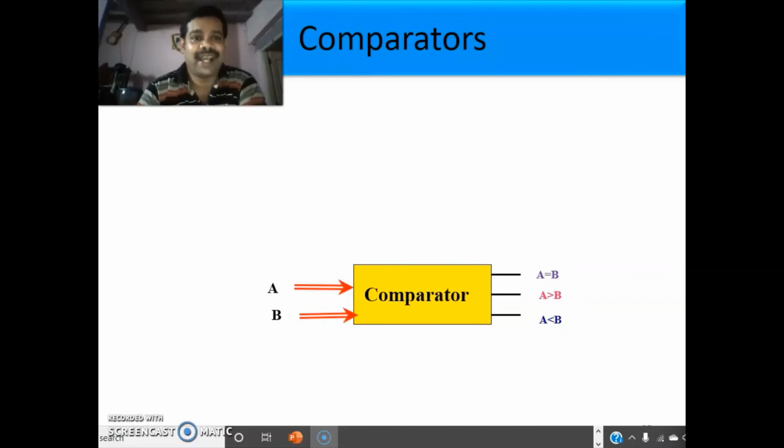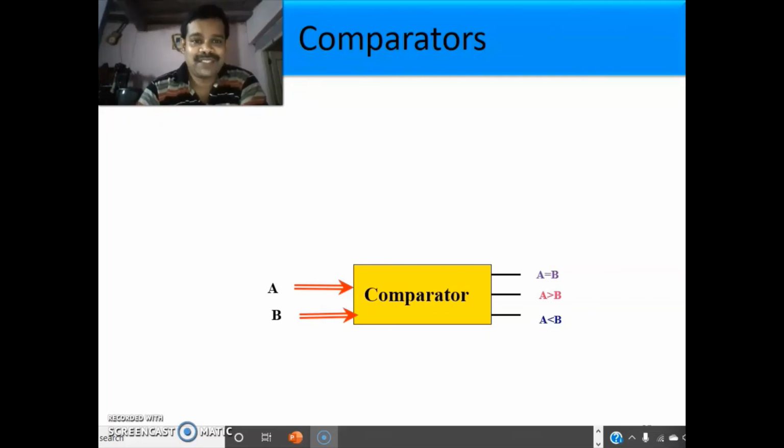The result may be that you and your friend have the same height, or your friend has more height than you, or the third option is that you have more height than your friend.